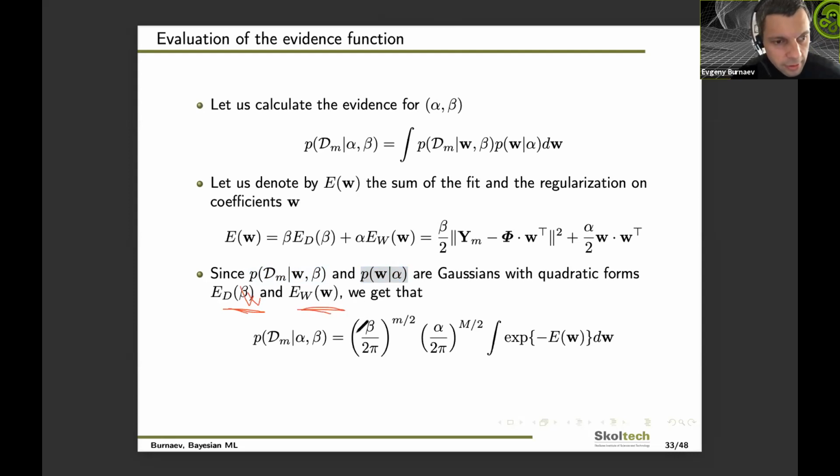So what we get is obvious: when we plug in the expression, this function here is proportional to this expression.